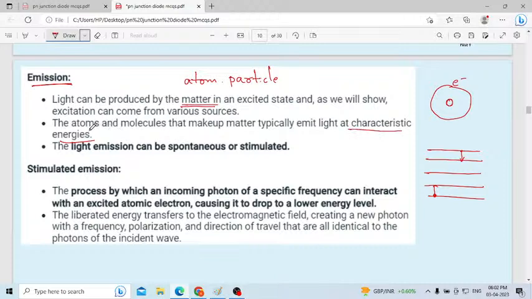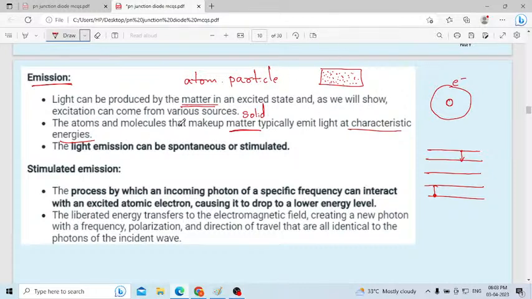If you consider a bigger solid, inside the solid you have a huge, uncountable number of atoms. Atoms and molecules make up matter. Matter is nothing but, consider here, a solid.